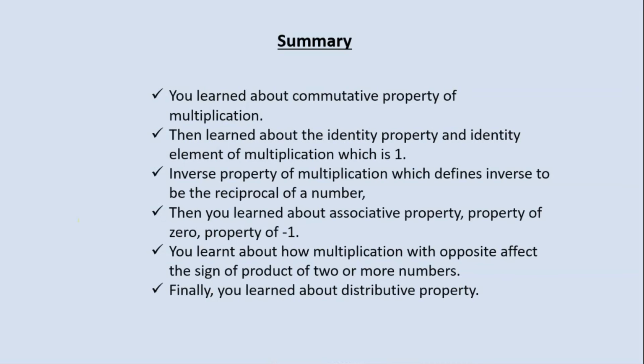Then you learned about the associative property, property of 0, property of negative 1. You learned about how multiplication of opposites affects the sign of the product of two or more numbers. Finally, you learned about the distributive property.